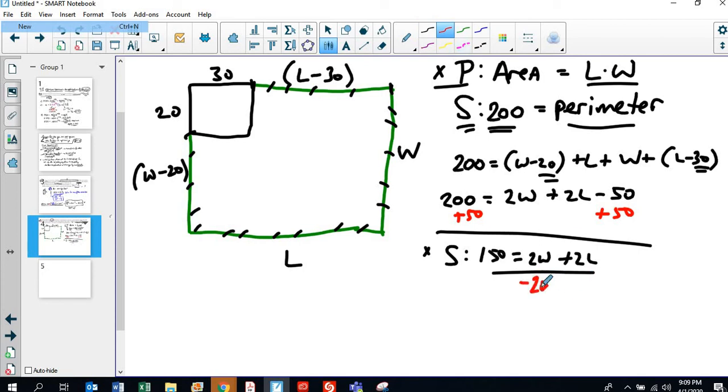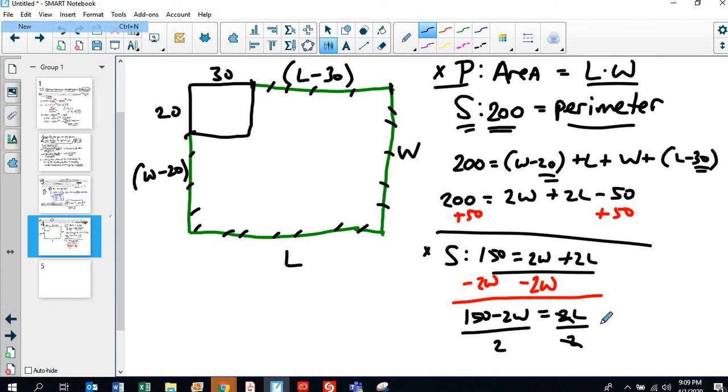And so, subtract 2W from both sides, and we get 150 minus 2W equals 2L, and then divide everything by 2, and so the 2's will cancel. And so we have L is equal to 75... 150, not 150, 250.